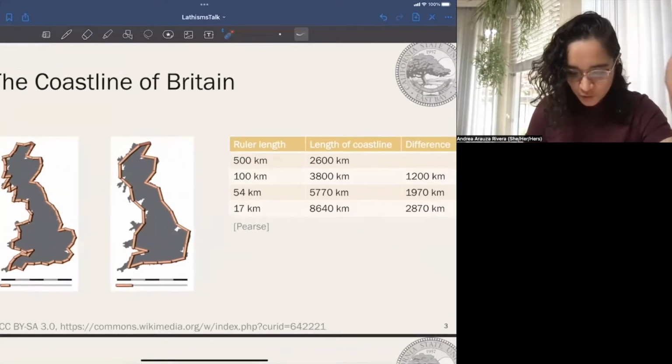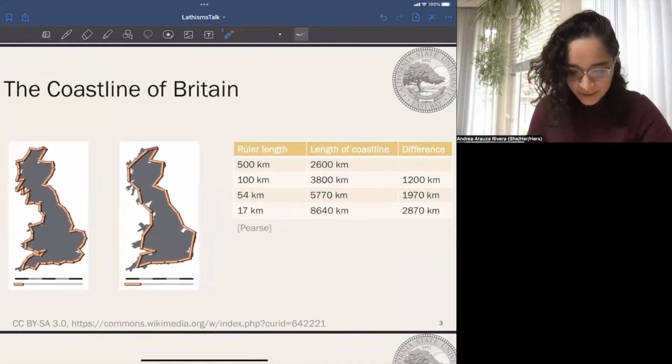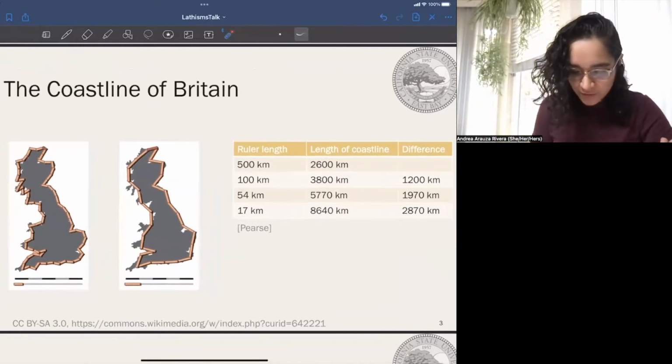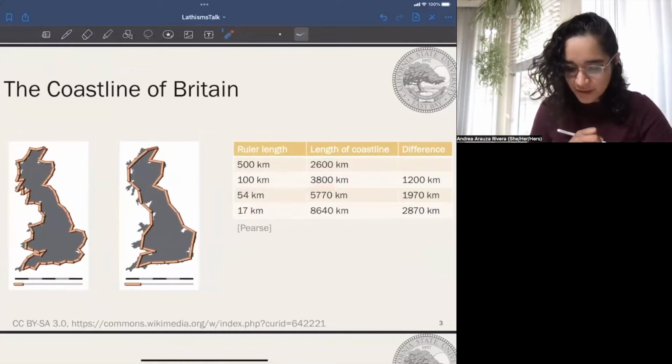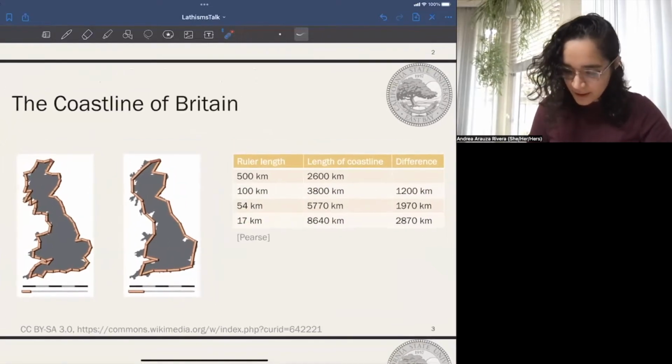For different ruler lengths in my table, I've got what my approximation for the coastline length would be. For a ruler length of 100 kilometers, I would get 3,800. For 54 kilometers, I would get 5,770, and so on. You can see I put in the differences here. This 1,200 is the difference between these two numbers.